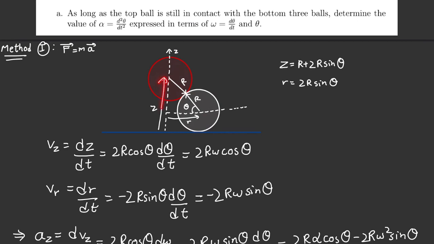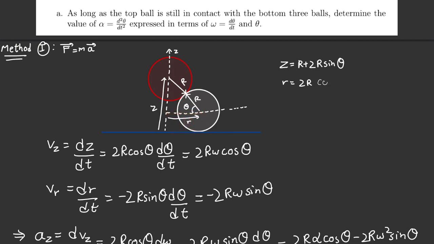So first of all, the distance of the top ball is nothing but 2r sin theta plus r. That would be z, and then the radial distance of the bottom balls would be nothing but just 2r cos theta.